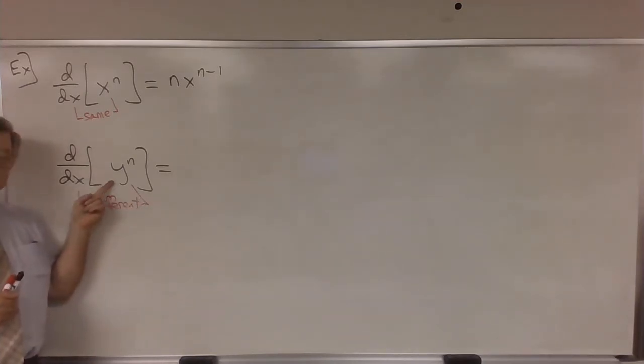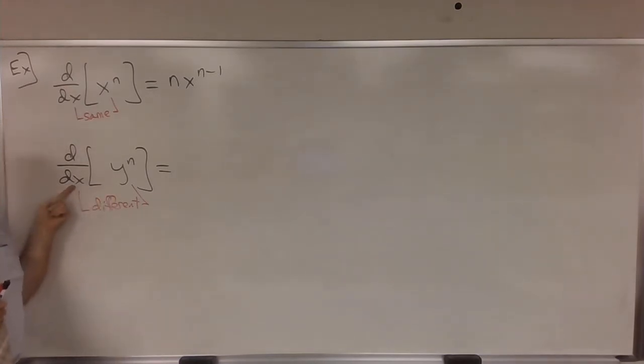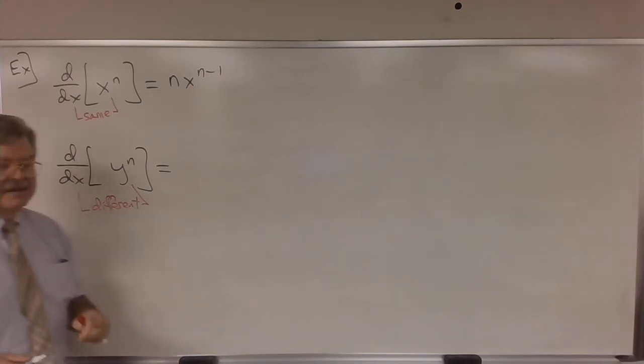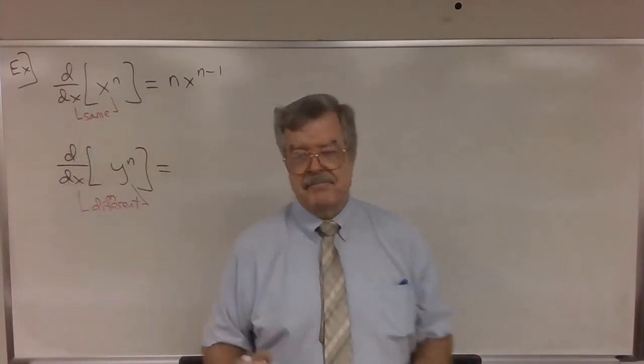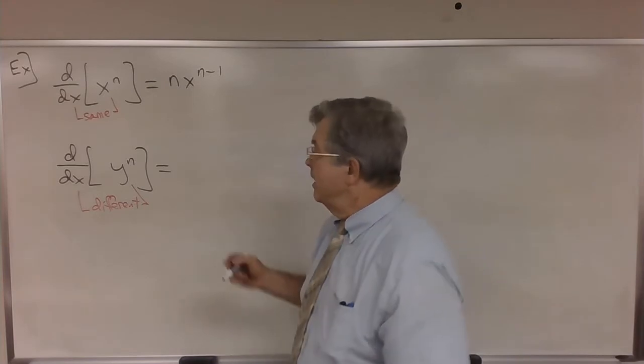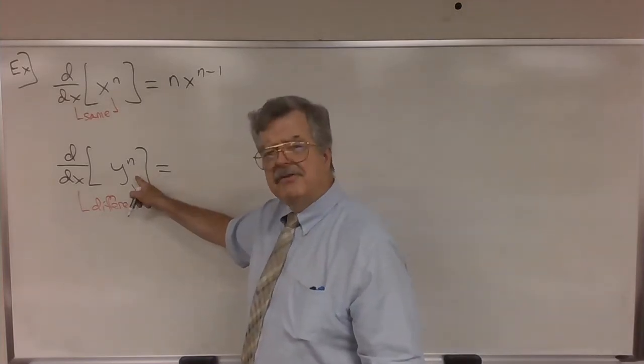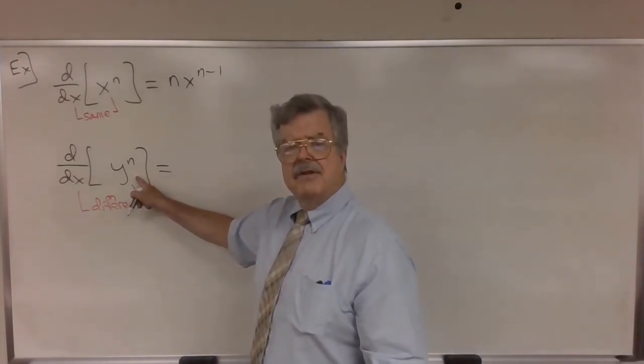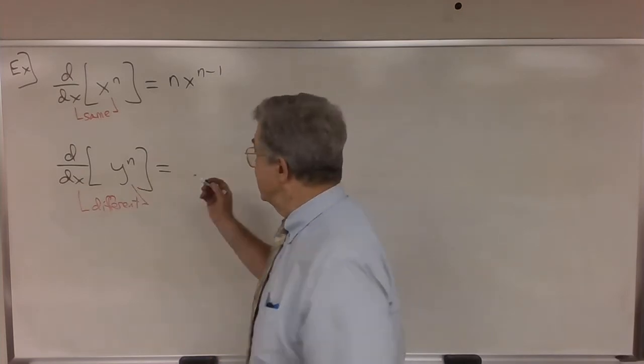So not only is y a variable, but it's also a function of x. So this is the derivative of a function raised to a power. What are we going to get? Well, for the derivative of a function raised to a power, we have to use the chain rule, don't we?